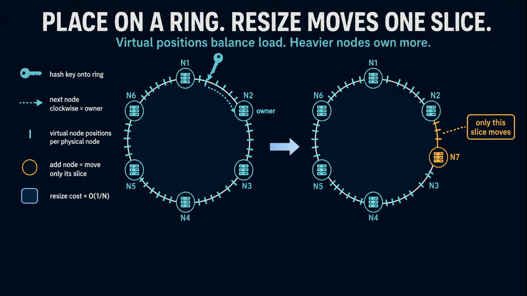Consistent hashing fixes the resize cost. Hash every node onto the same ring of positions. Hash the key onto the ring. The next node clockwise from that position owns it. Add a node, and it claims the slice between its position and the previous owner. Only that slice moves. Everything else stays put. Which means resize moves order 1 over n keys, not all of them.